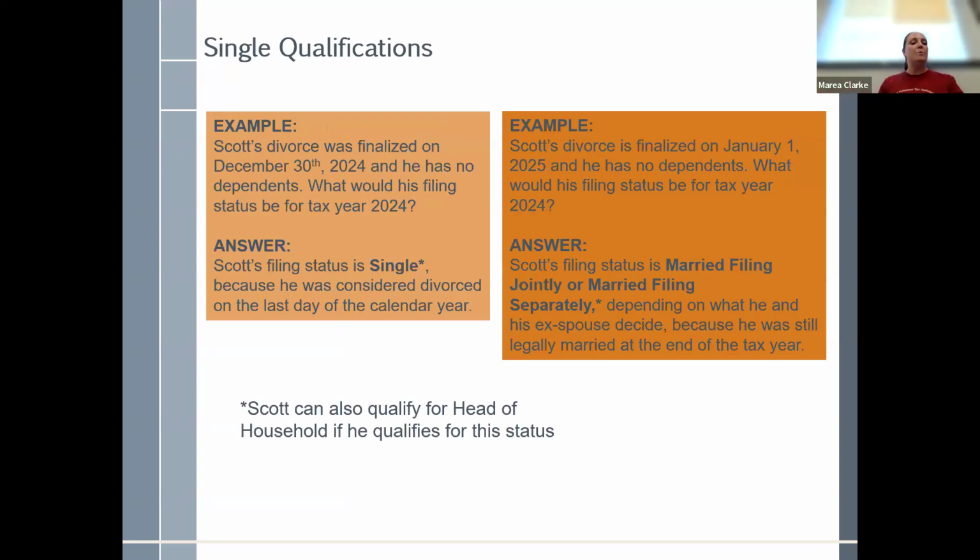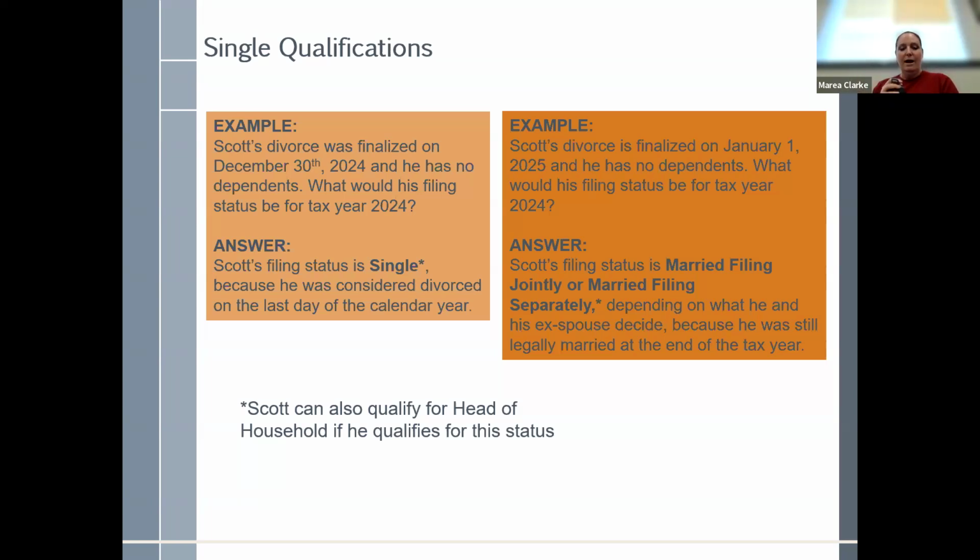All right, so a couple of examples here. Scott was divorced. It got finalized on December 30th, 2024. He has no dependents. What would his filing status be? The answer is single, right? Because it's the last day of the calendar year. So you could get married and get divorced again, having started the year as unmarried and ending the year as unmarried.